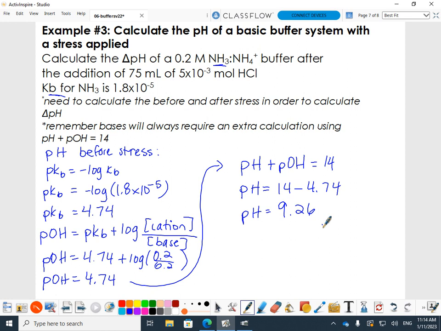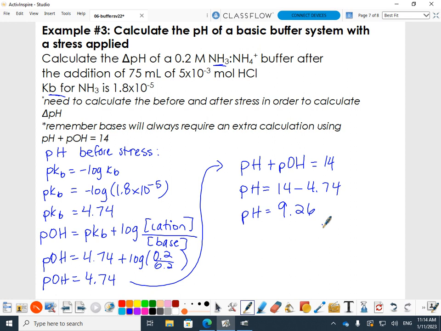Okay, so the before pH, whether it's like part A in a question or if it's a question like this and they're combined, this is virtually everything that you're given is already or can be used. So you're given the Kb, you just plug it in to pKb. The concentration is 0.2.